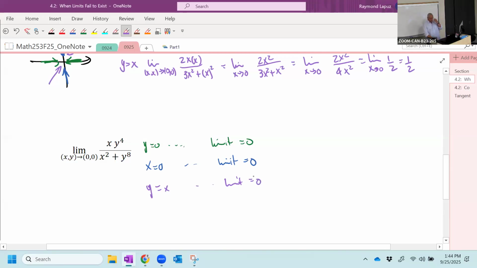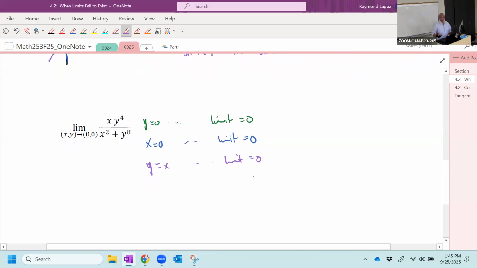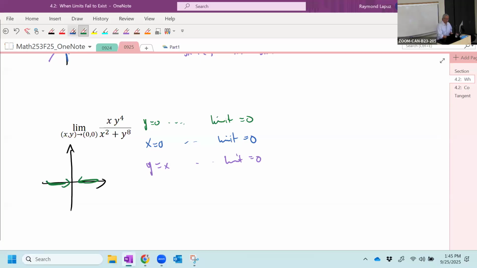Actually, y equal to x will give you a 0, but you might actually have to use L'Hopital's rule for this. But in any case, this gives you limits that are equal to 0. So all these possibilities that we did in the previous problems will all give you the same limit. But the limit doesn't actually exist because there's a special path to get to the origin where it'll give you a different value. And I wonder what that special path is. I'll let you think about it.